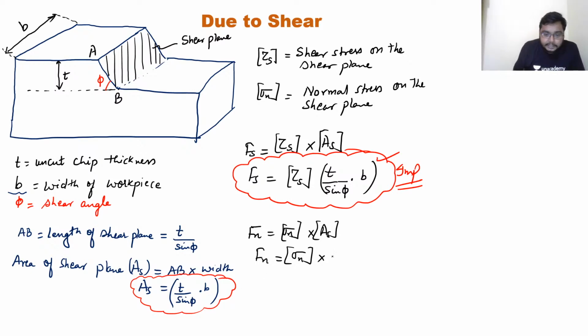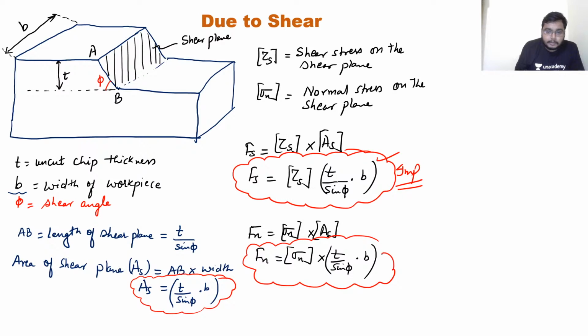T by sine phi into B. So this is the relation you have to remember, and this is also important. These two relations you have to remember for the shear action.